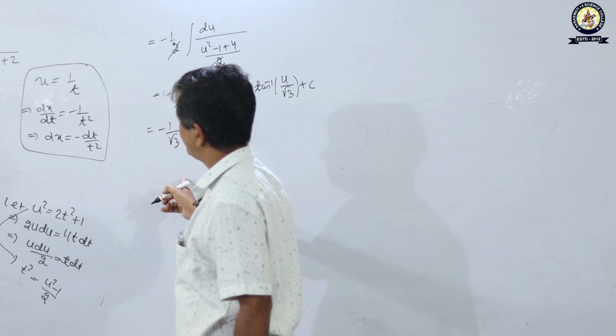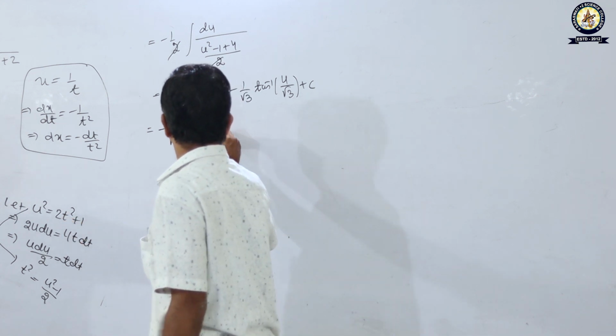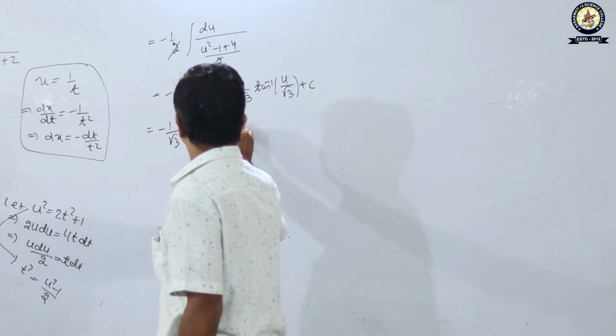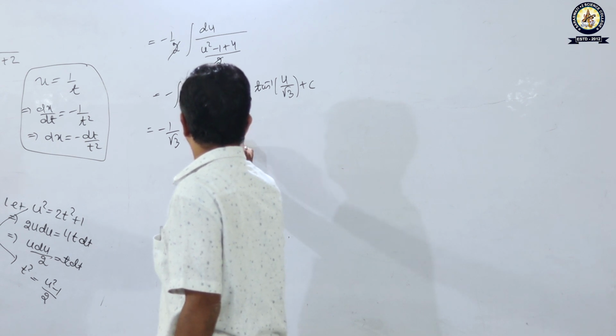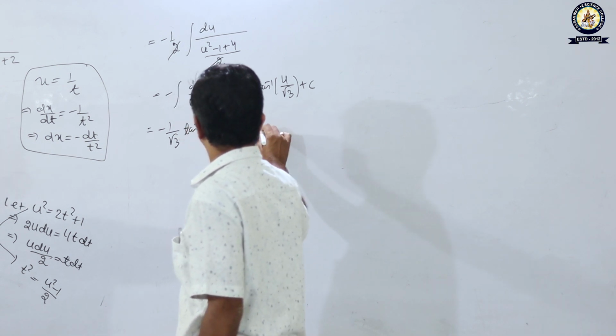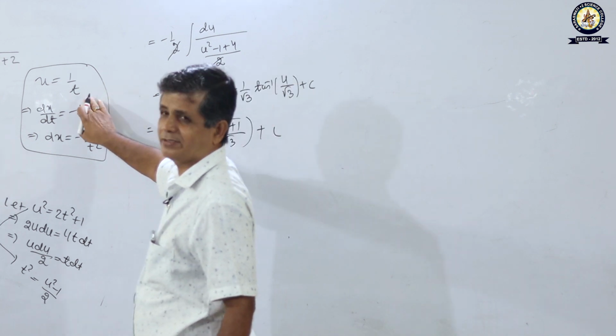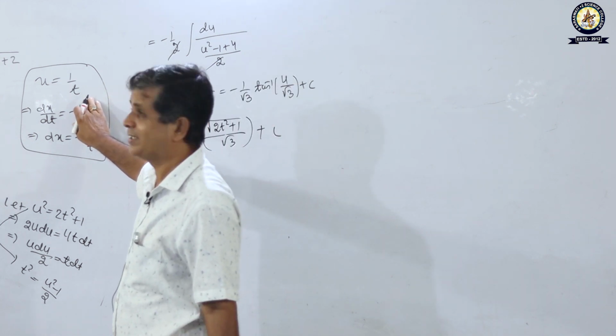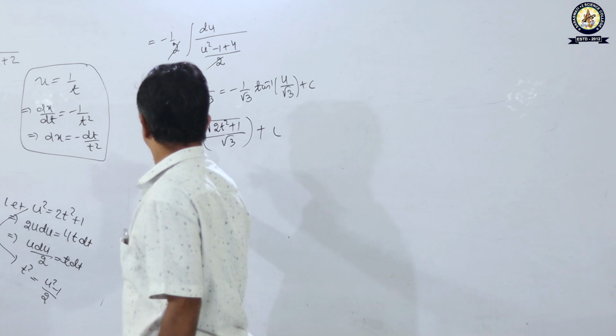It is equal to minus 1 by root 3 tan inverse. What is u? Root over of 2t square plus 1, root over of 2t square plus 1 by root 3, this plus c. In place of t, we write what? t means it is 1 by x.